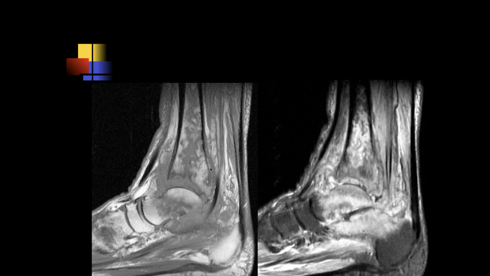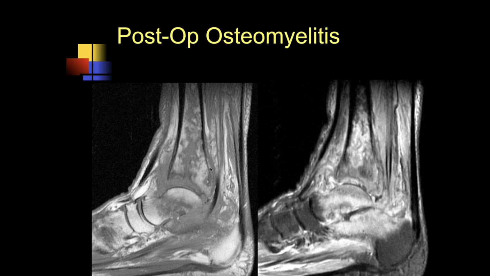There's rim enhancement throughout the marrow and enhancing joint effusions. Most likely this may be infectious, could be from a prior open fracture or after surgery, post-op osteomyelitis.